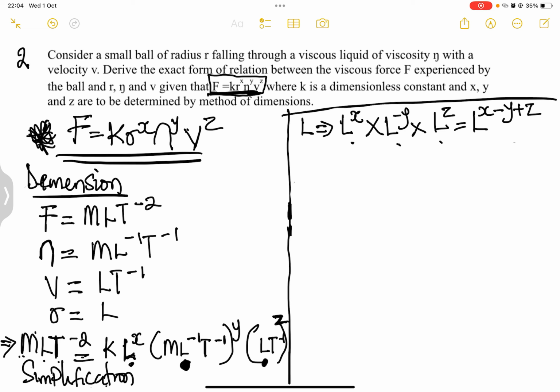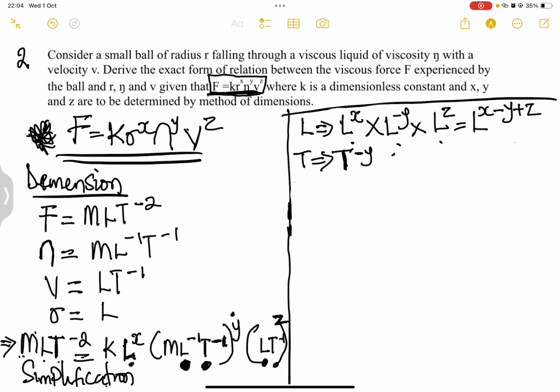So let's do it for T. T is here and T is here. So we're going to do T minus 1 times Y. Let's do for T, minus Y. That's the first T. We'll do this times this.